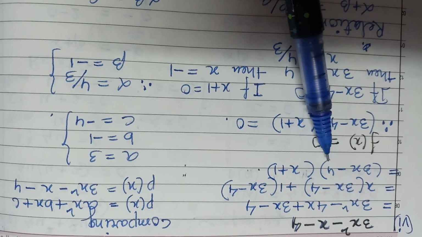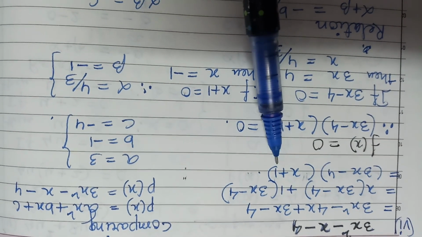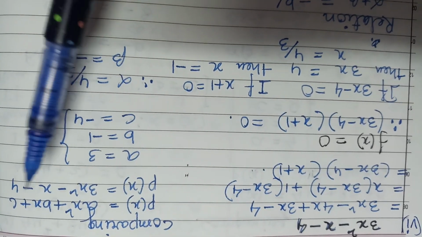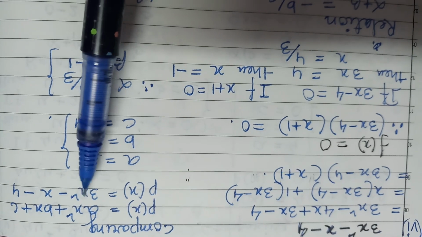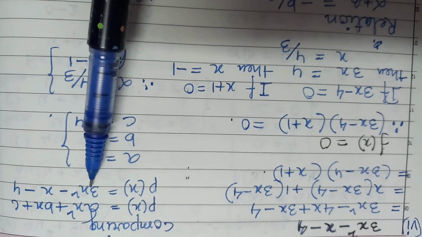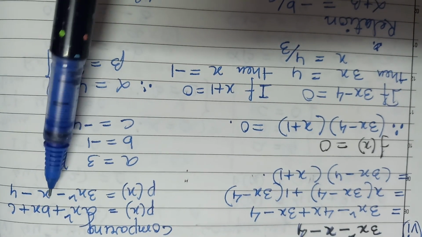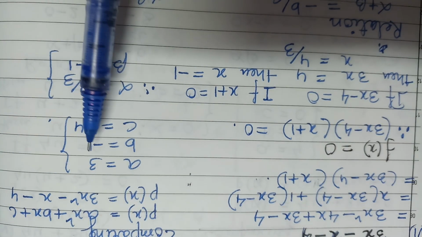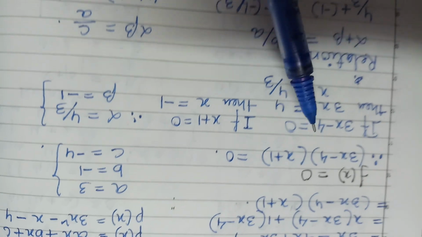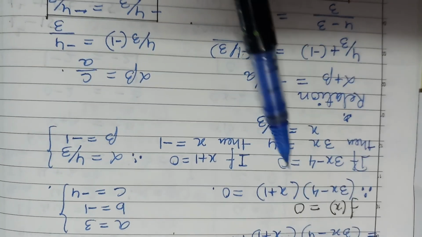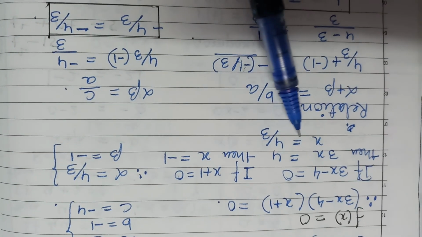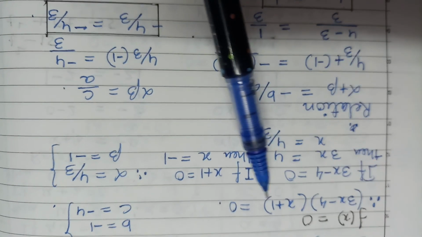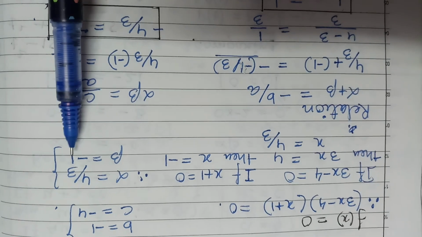Now it is 3x minus 4 and x plus 1. Okay, now comparing these two relations, a is equal to 3, b is equal to minus 1 and c is equal to minus 4. And from here you can take alpha beta: if this equals 0, alpha is equal to 4 upon 3. If the other equals 0, then beta is equal to minus 1.